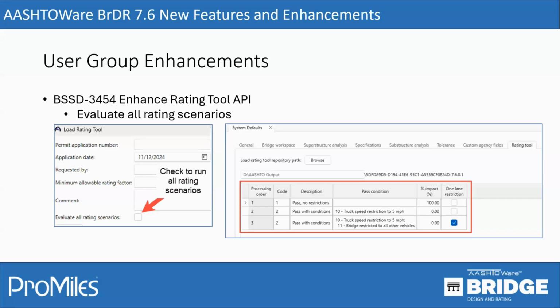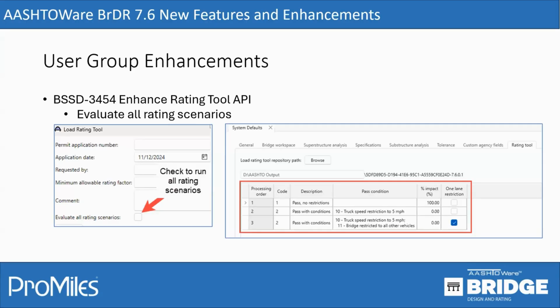So this first one is basically, prior to 7.6, when you run the load rating tool, which is used for a very quick expedited analysis using pre-computed data for permit loading, the rating tool would iterate through the different pass conditions. So you would set your pass conditions for basically no restrictions or conditional approval. So let's say speed restrictions, or for the vehicle to be escorted and all the other vehicles off the bridge, things like that.